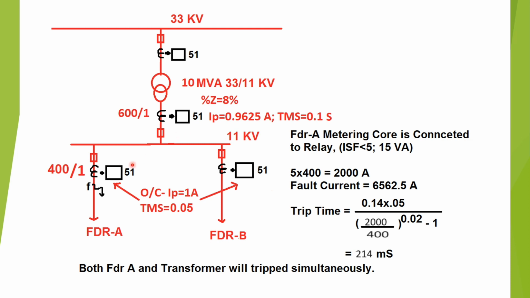So due to the close tripping margin between feeder A and the LV overcurrent relay, which is about 66 millisecond, both feeder A and the transformer will trip simultaneously, leading to the interruption of power to feeder B. So that is why the core selection test is very much important during primary injection test of the current transformer.